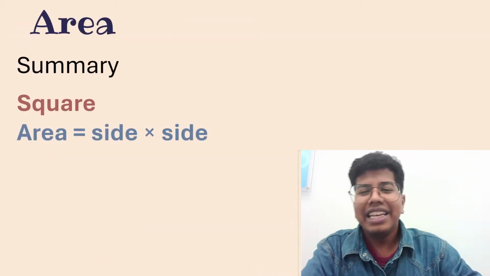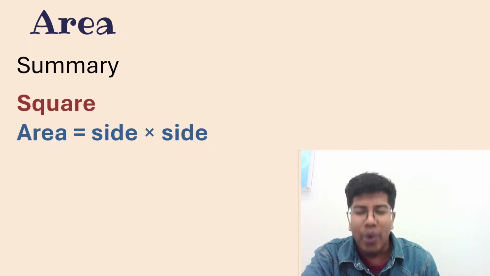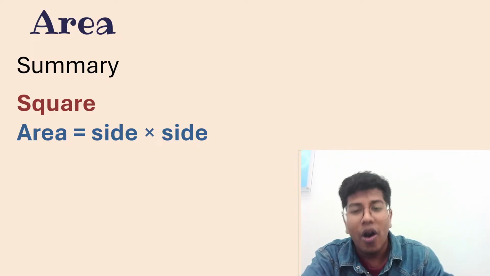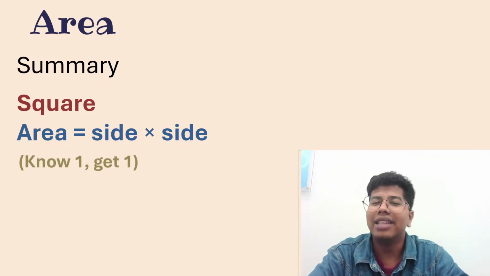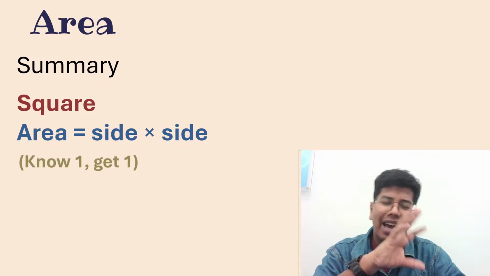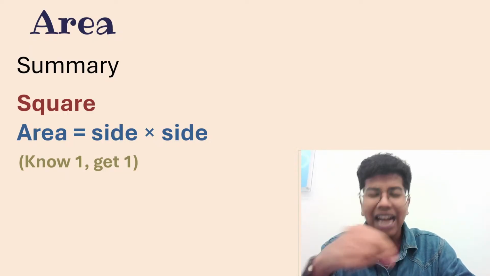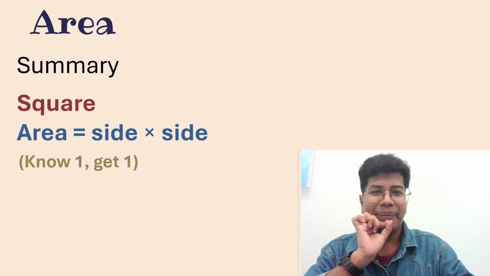So let's try to summarize. To find out the area in a square, it's side times side. But the thing we have to pay attention to is, if we know one of the values, we can find out the next one. From side get area, from area get side. So this is what we can understand. And that completes the second question about area.